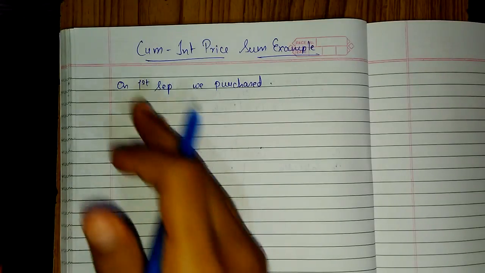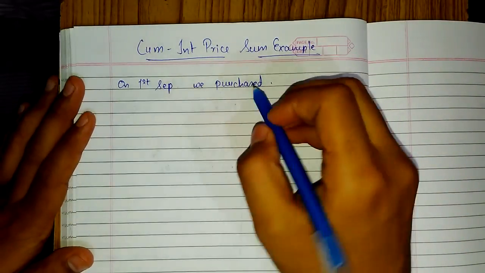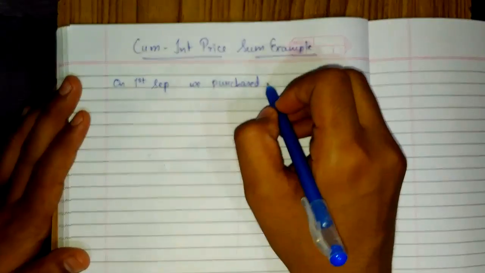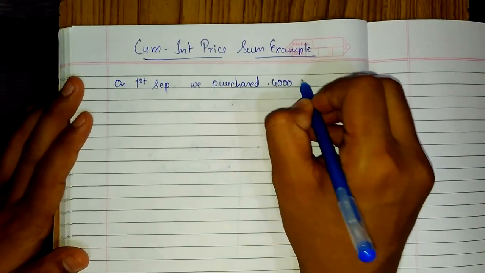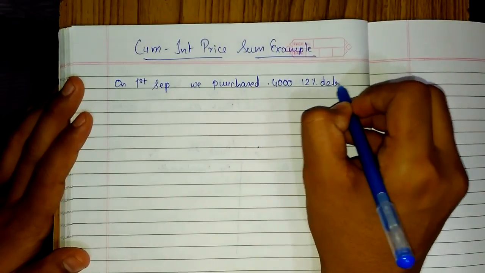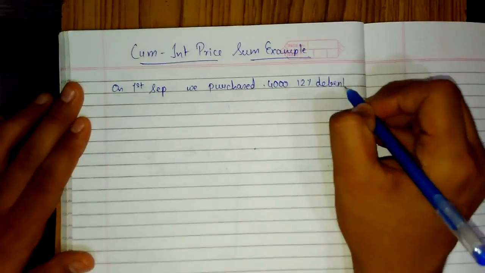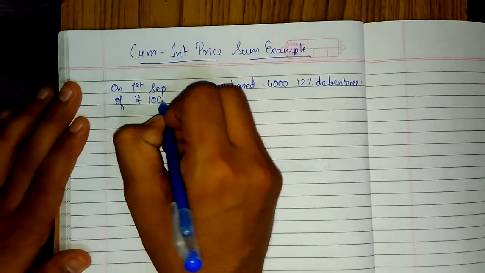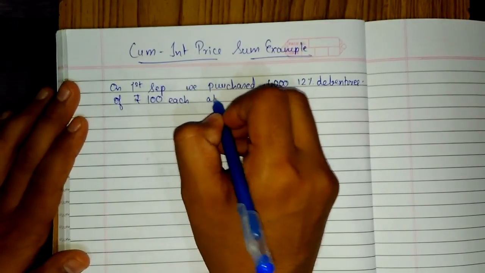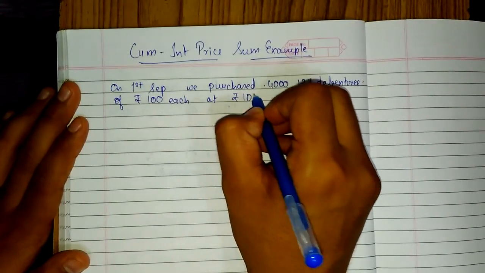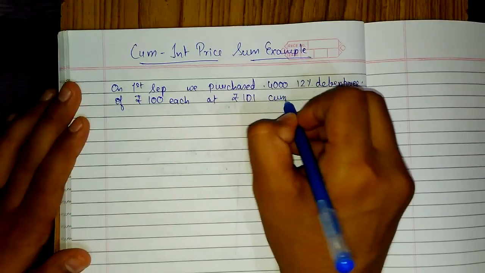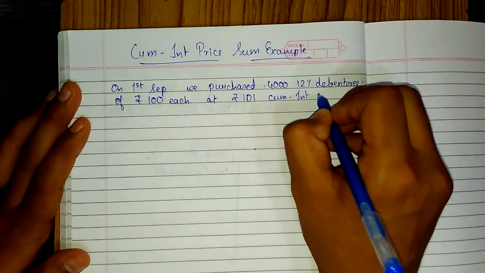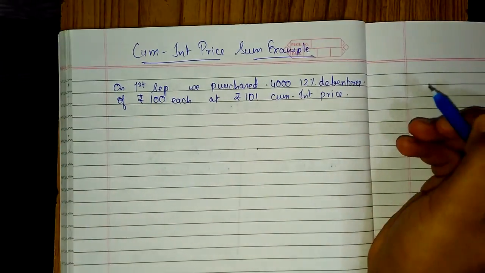As per cum-interest price, on 1st September we purchased 4,000 12% debentures of rupees 100 each at rupees 101 cum-interest price. Okay, so this is the question.